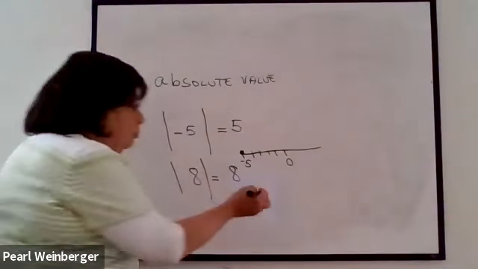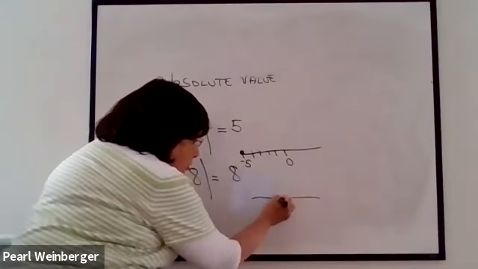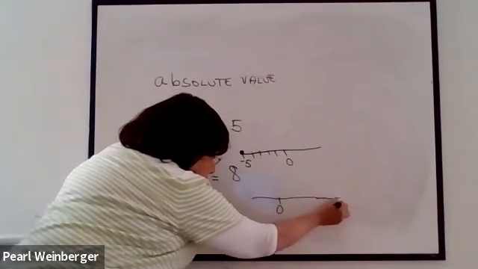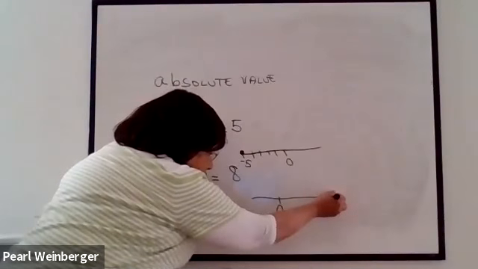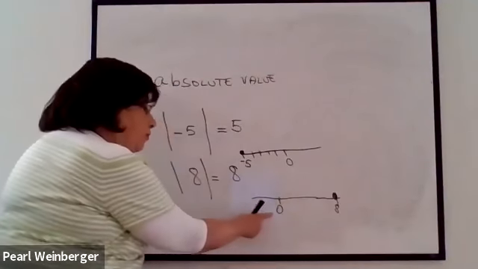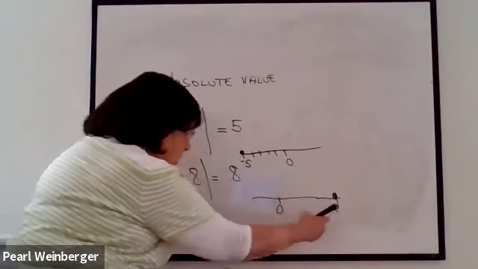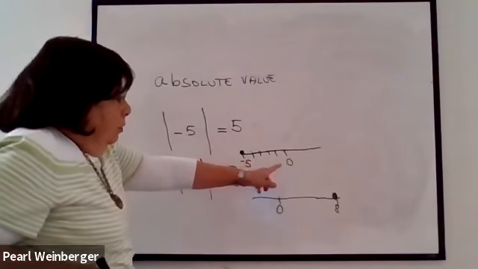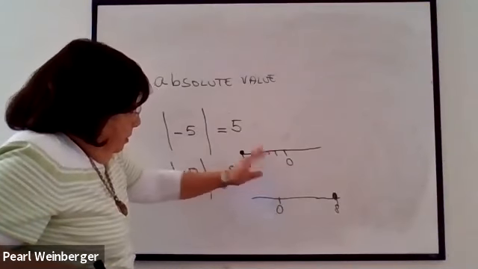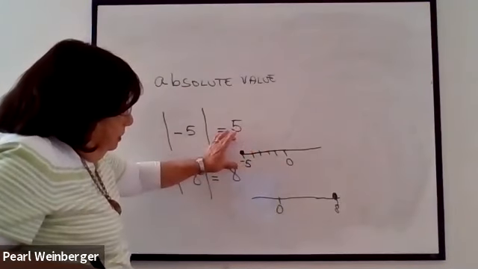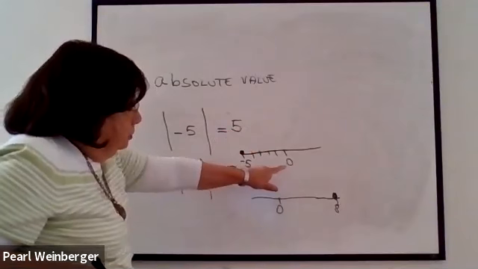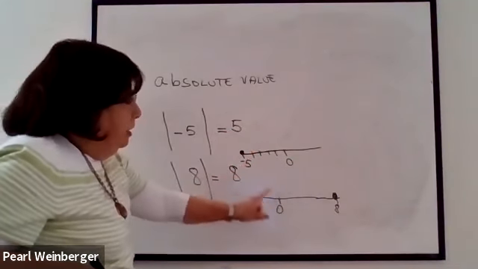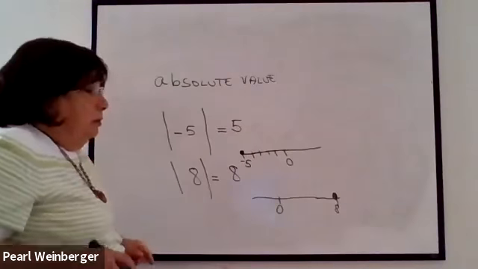If I ask you, let's say here's the number 8, how far is it from the origin to this number 8, you would tell me it's 8 units. The basic difference between this situation and that situation is that over here you're going to the left, and over here you're going to the right.